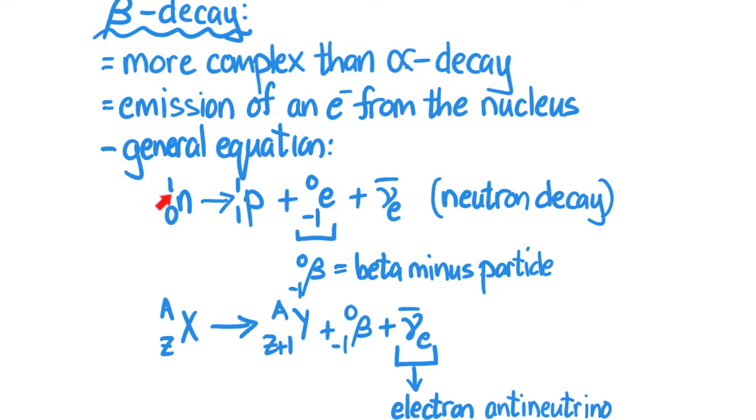So we've got the mass number and the atomic number. You're going to see it's going to be a bit strange soon enough. Then this is a positive particle, note the +1 there.